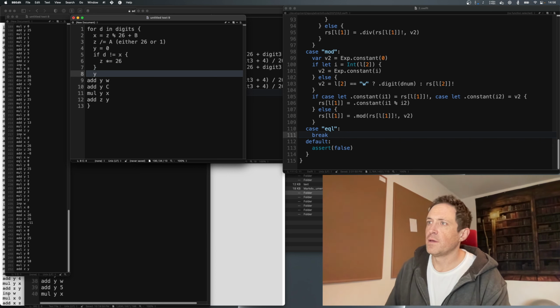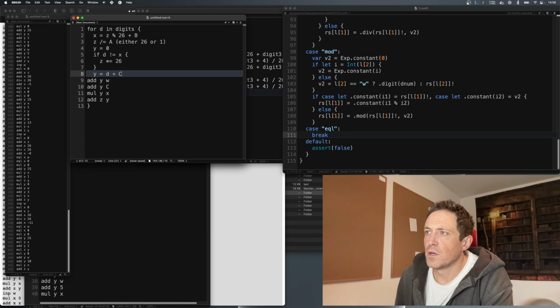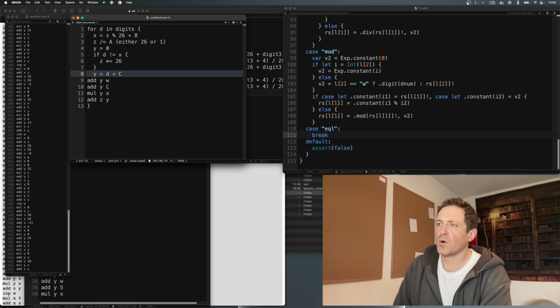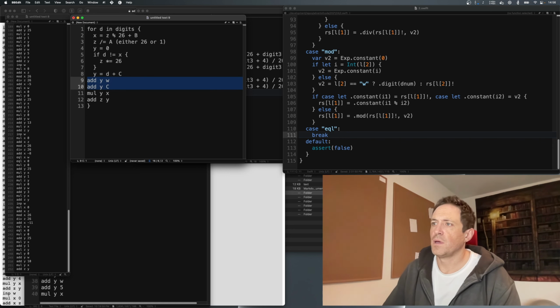Y equals D plus our variable... wait, what was X? We had been using X. Multiply Y. Oh, okay. Y equals D plus C. Y equals D plus C. Okay.